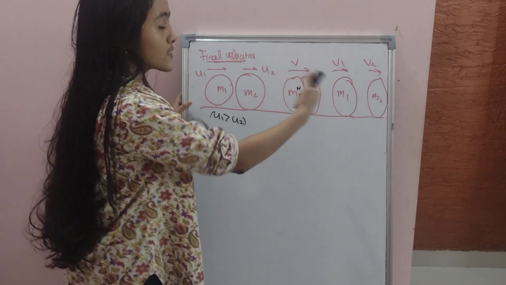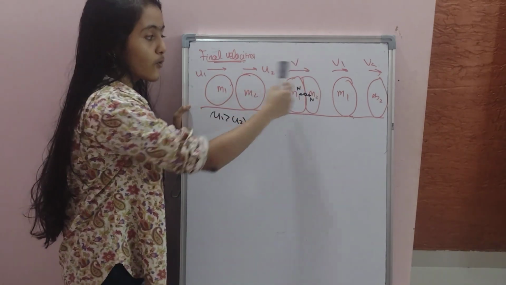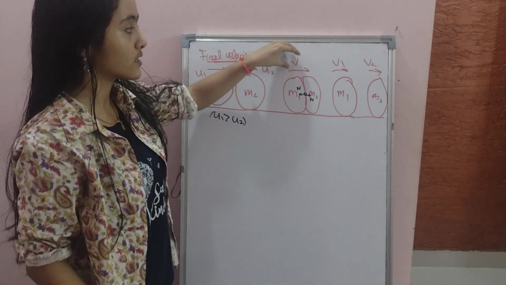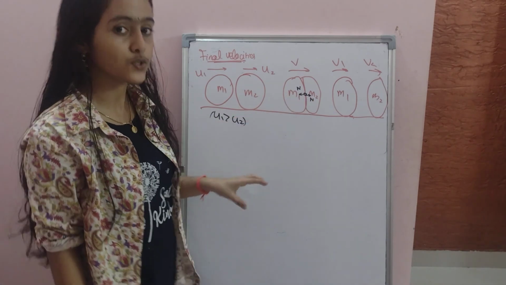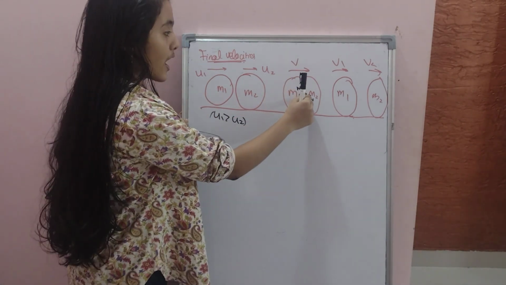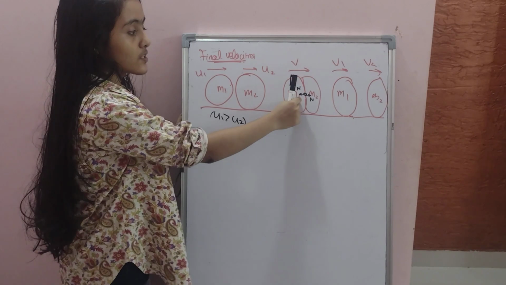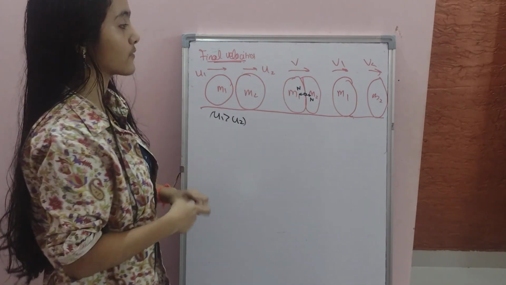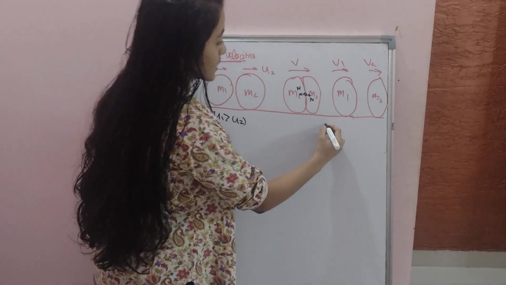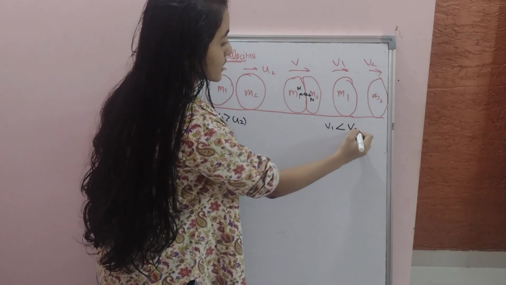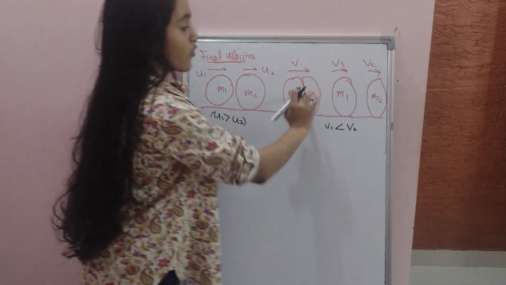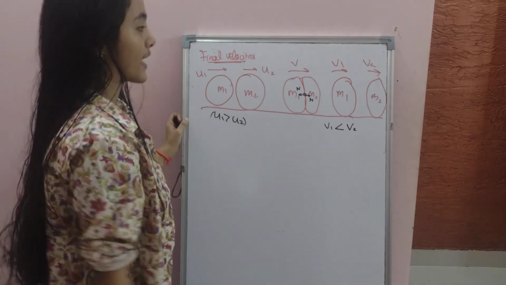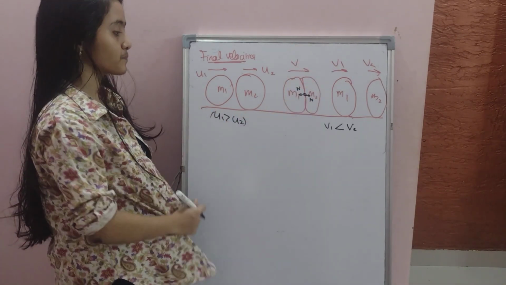It means this force is reducing that velocity. So obviously we can say that v1 is less than v2, that is, v2 is greater, because for v2 the direction of force and the velocity direction are the same, therefore it will be larger.